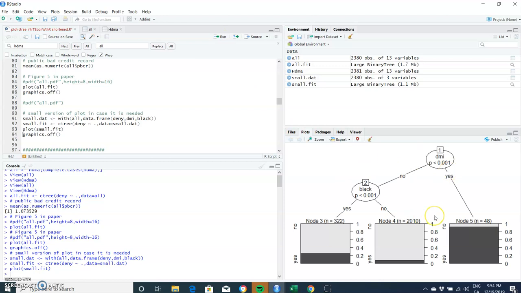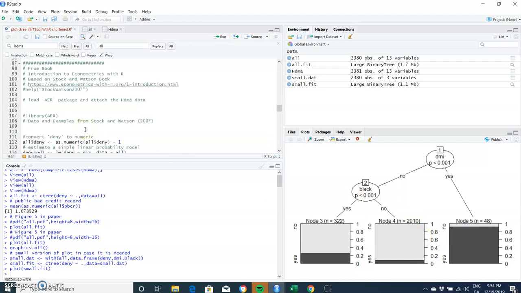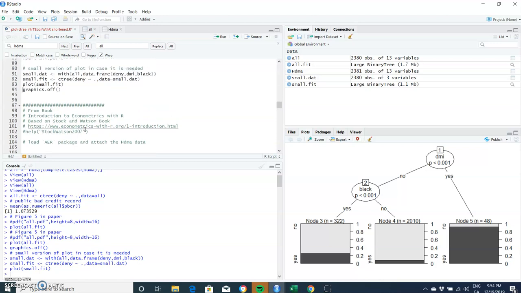We can see here when examined in this context, black looks to be a lot more significant, right, in terms of determining the individual's probability of getting the mortgage approval. If you're black, it would appear your chances of being rejected or denied were much more significant than if you were any other race.